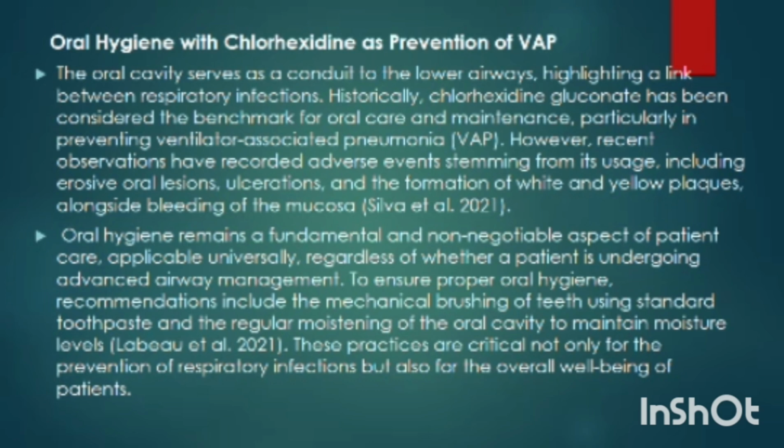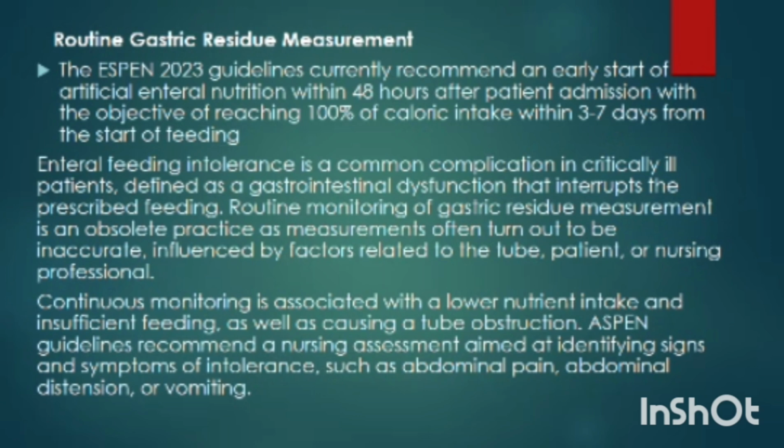So keep it moistened and brush with normal toothpaste. Okay, these practices are critical not only for the prevention of respiratory infection, but also for the overall well-being of the patients.